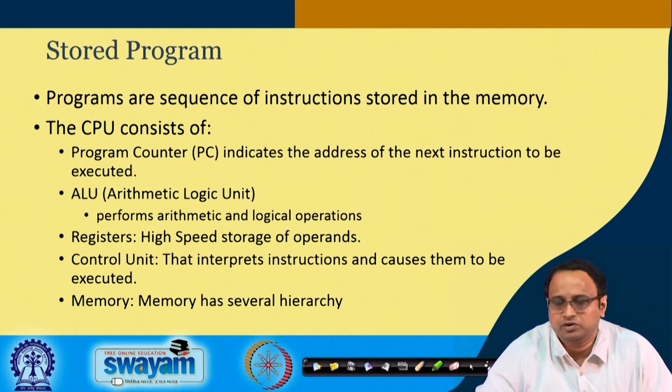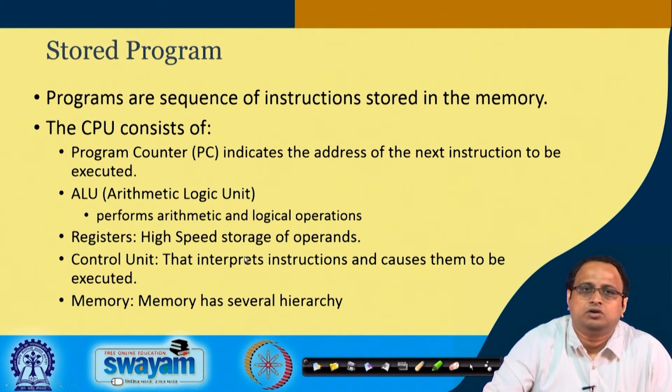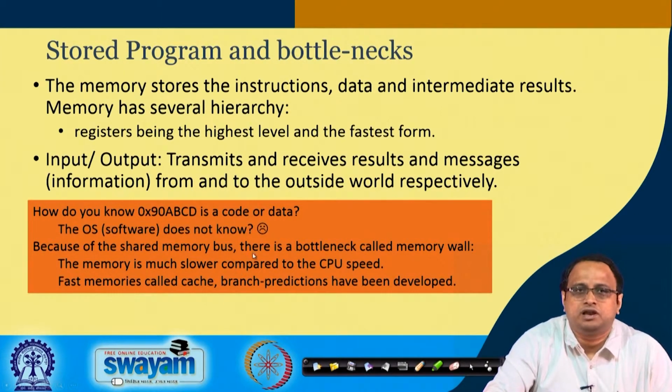Now when we talk about the memory, which stores the instructions, data, and the intermediate results, it has a several-level hierarchy where the registers are at the highest level and are the fastest form of memory. Likewise, you have the input and output block which transmits and receives results, messages, or information from and to the outside world respectively.